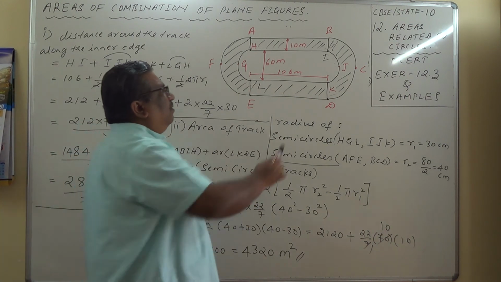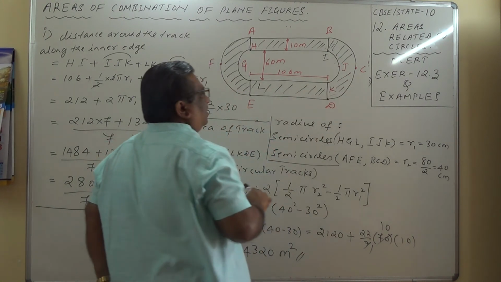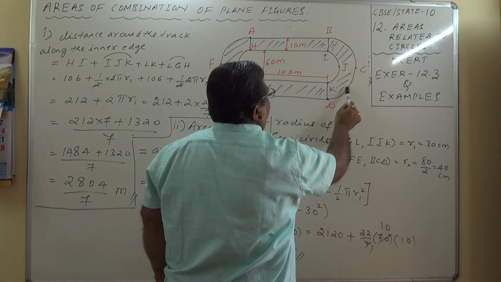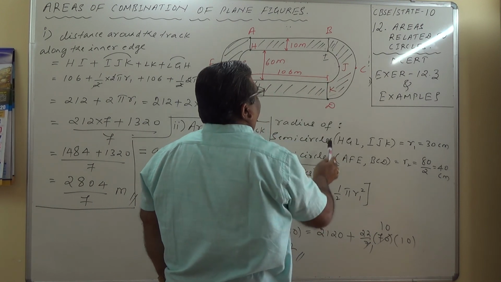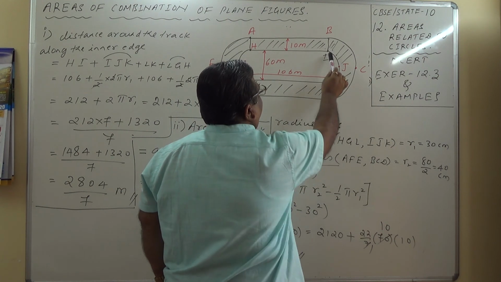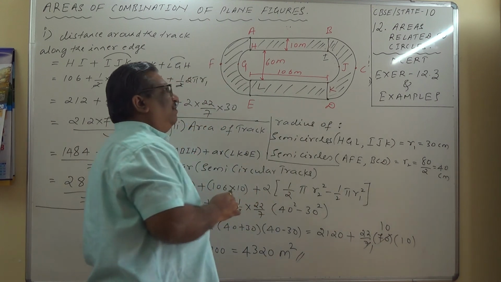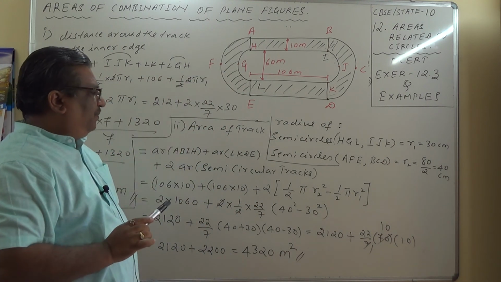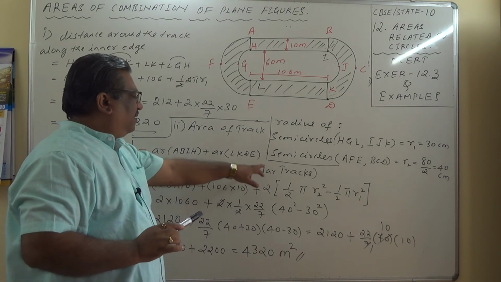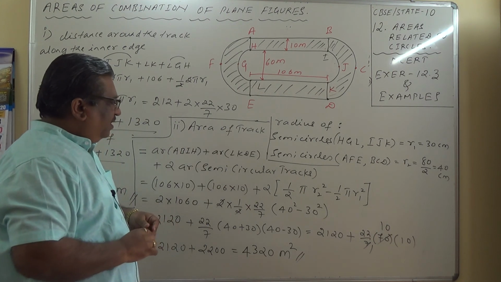And now this semicircular track area: 2 times semicircular track areas can be found out by the area of this bigger semicircle, that is the area of the semicircle of radius R2, minus the area of the semicircle of radius R1, which gives you the area of the semicircular track on one side. So 2 times the area of the semicircular track should be added to the rectangular areas in order to obtain the total complete area.